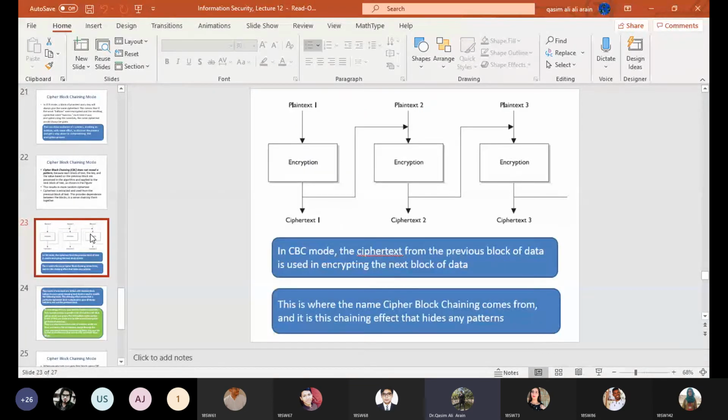Now see this particular diagram, right? In this diagram you have plain text 1 that is being encrypted using a certain encryption algorithm, and you have cipher text 1.